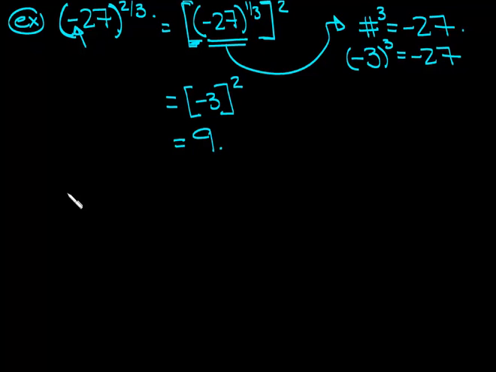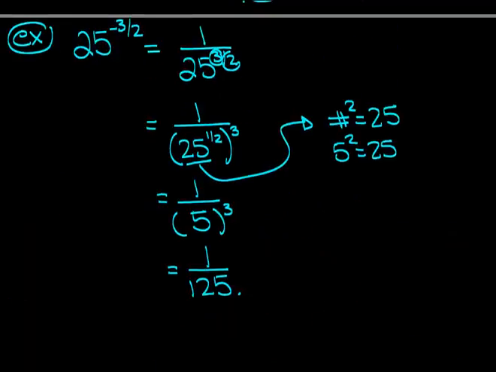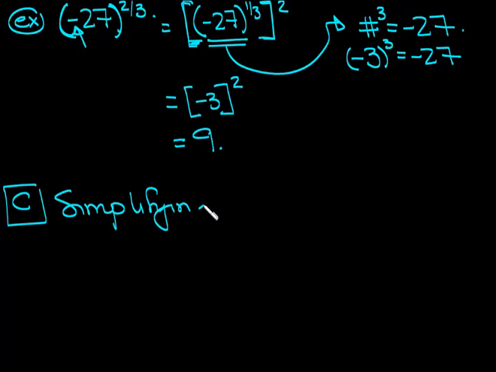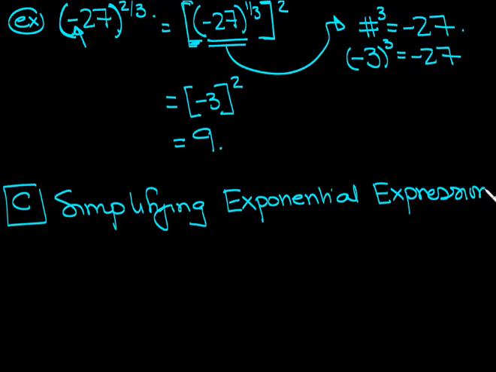Okay, let's go ahead and do what we did before in the previous section about simplifying. So we're going to do simplifying exponential expressions. This is going to be very similar to what we did before.